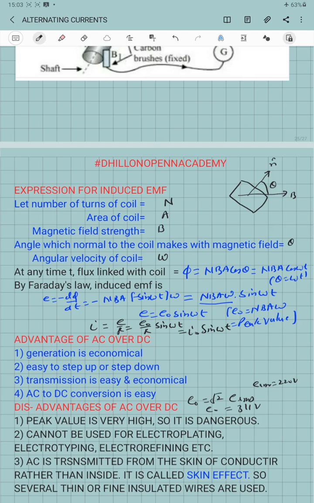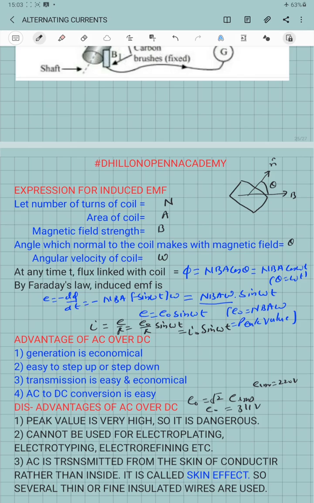So the greater the surface area of the wire or conductor, the more easily the current can flow. In order to increase the surface area of the conductor so that it can easily carry alternating current, instead of using a single wire, many thin fine wires are braided together, insulated, and used for the transmission of AC, whether for long distance transmission or for transmission within a building.